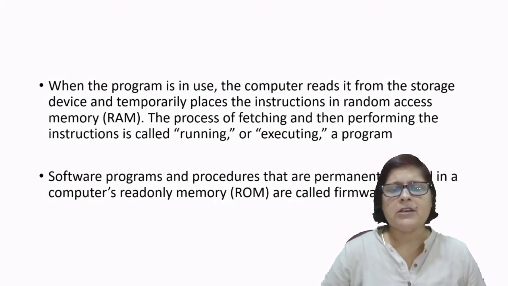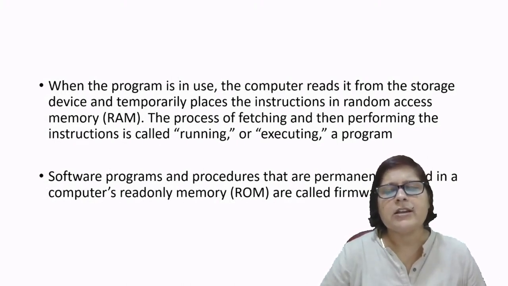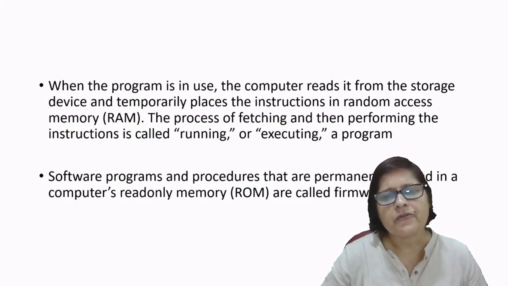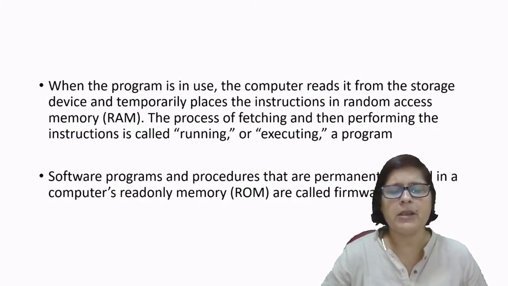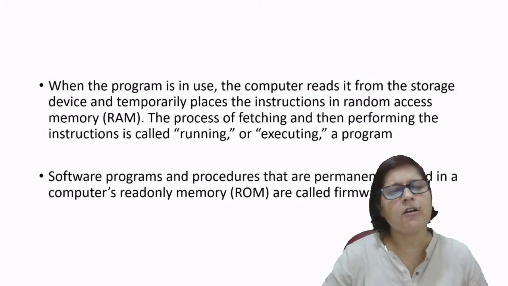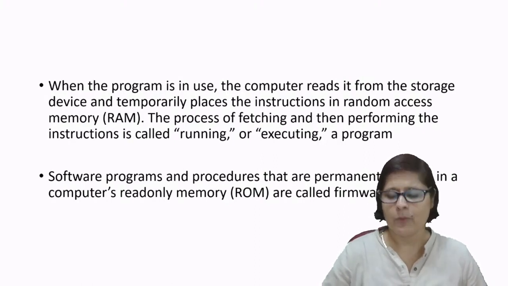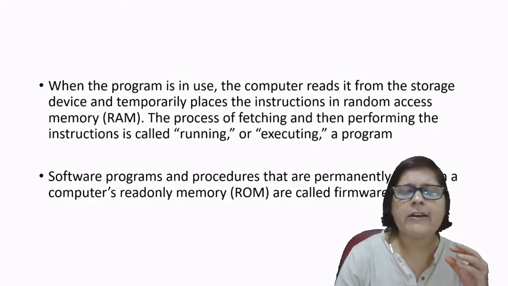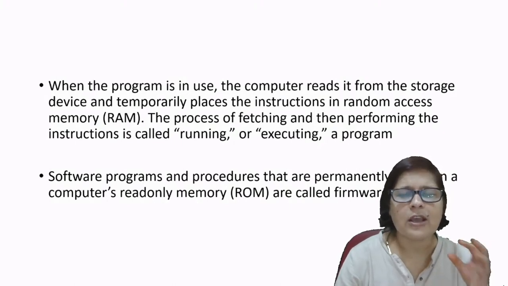When a program is in use, the computer reads it from the storage devices and temporarily places the instructions in the random access memory, that is in the RAM. The process of fetching and then performing the instruction is called running or executing the program. When I said a program is a set of instructions which computer can read and execute, what is execution?